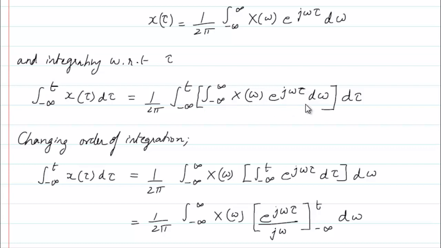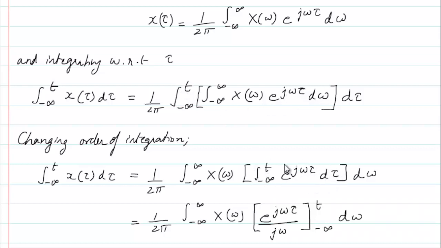Now if I change the order of integration, d tau is only here, so this integration for d tau will happen only for this. I can take the integral over omega of X of omega outside, with d omega also outside, and bring the remaining inside the bracket: the integral from minus infinity to t of e raised to power j omega tau d tau.